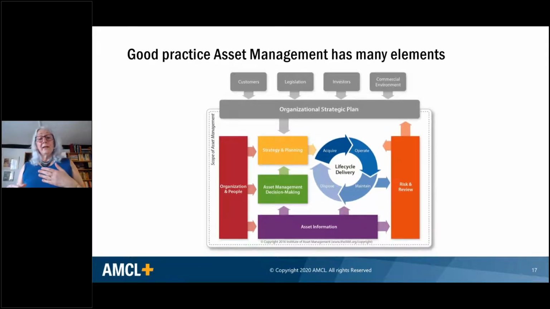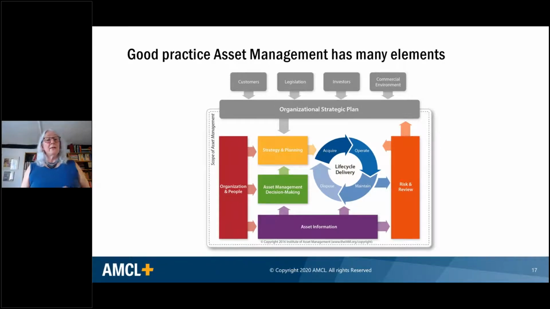On the other side, now risk is, I have a slight problem, and I think the person who wrote this diagram is actually on this webinar, which is kind of interesting. Risk isn't really in a box on its own. Risk is really everywhere. And that's partly because we are looking into the future, both short, medium, and long term, planning for the future. And the one thing you know for sure about the future is it's uncertain.